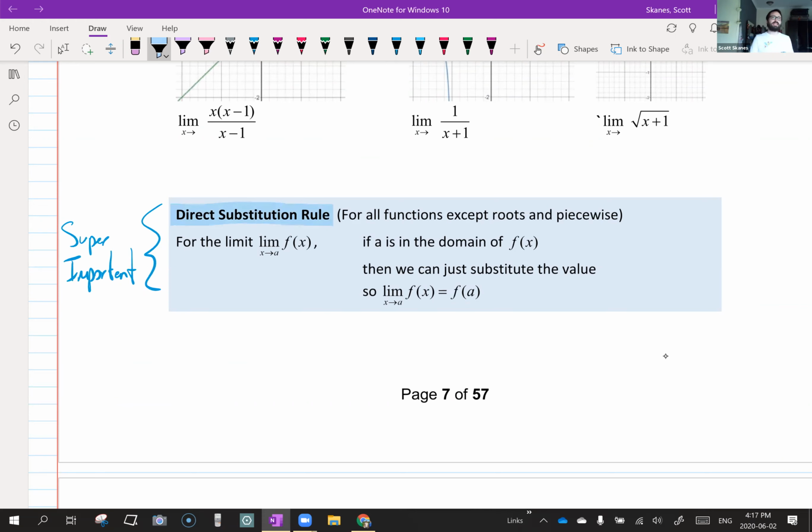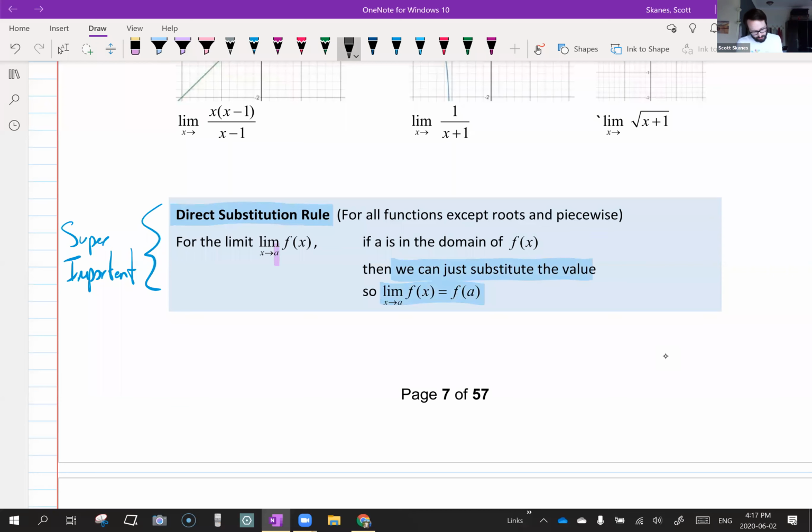It means for any function, if we have nice continuous functions, we can just substitute the value in, and the limit will be whatever that substituted value gives. So you just take the value we're talking about, x approaches 2, x approaches 3, take that number, put it in for x, get the limit. That's the first thing you should always do. If that doesn't work, we'll try other ways.